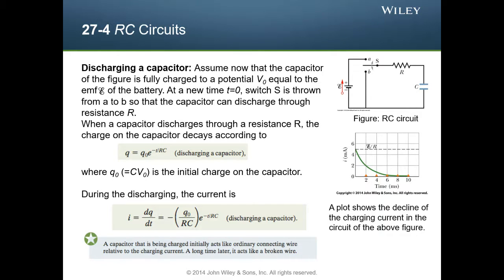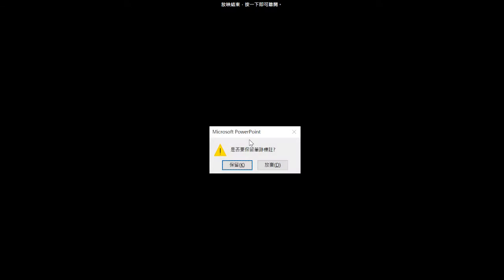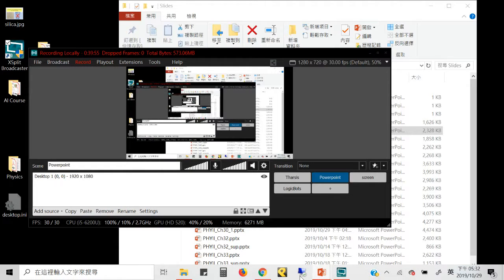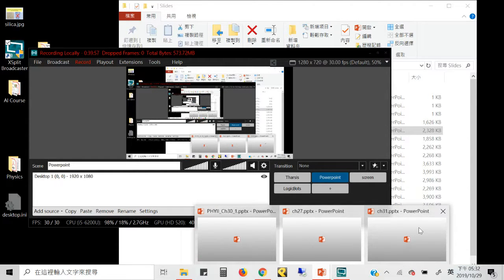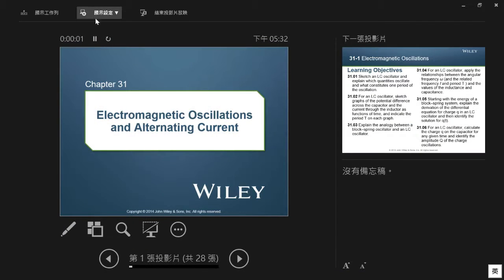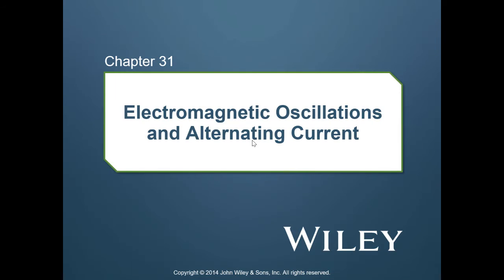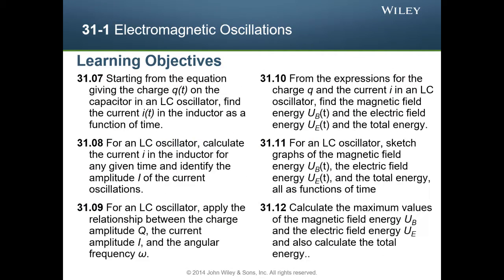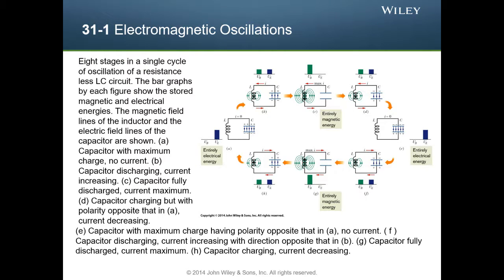Okay, so this is the RC circuit. This is the second order equation, or second order circuit.